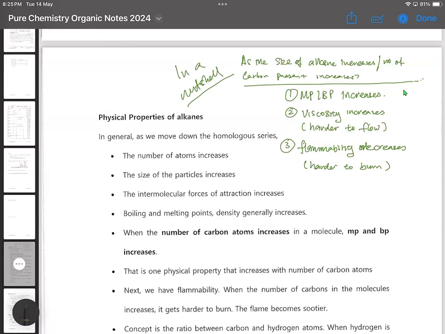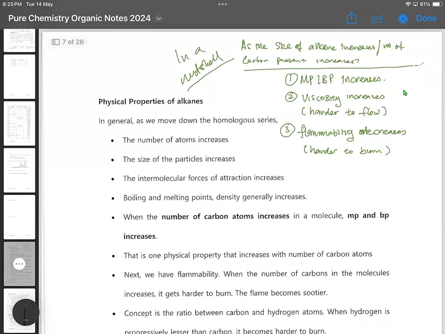All right. You look at the first few bullets, it is basically the same thing as you have seen in the previous page. Number of atoms increases, size of the molecules increases, then intermolecular forces become stronger, then melting and boiling point increases.